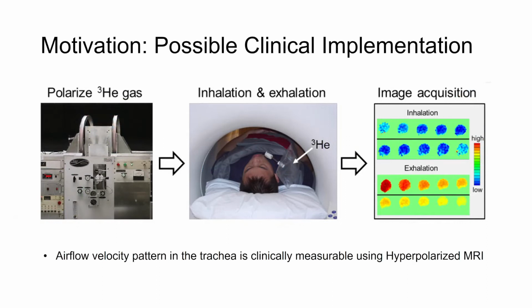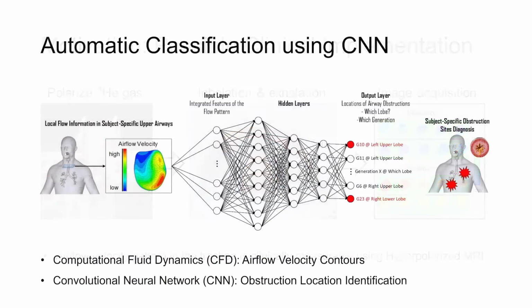We also thought about the pathway to achieve this in clinical practice. Fortunately, there is an apparatus called hyperpolarized MRI, which is able to scan the airflow velocity distribution in the trachea. Therefore, we propose a modeling framework that uses computational fluid dynamics to simulate airflow in the lung airway with and without obstructions.